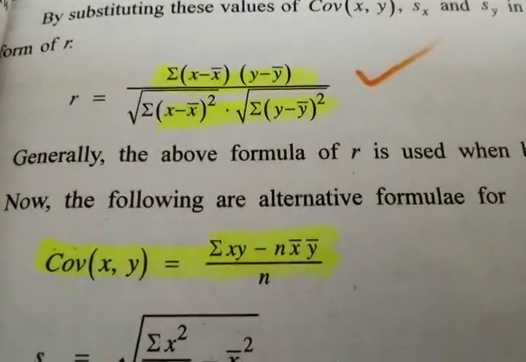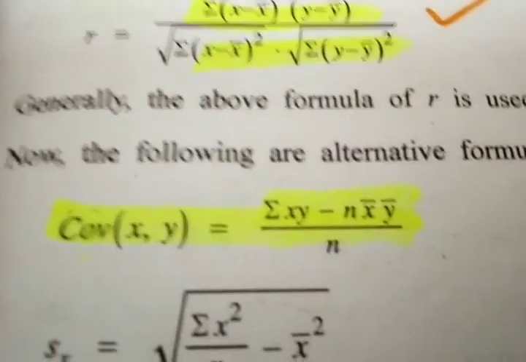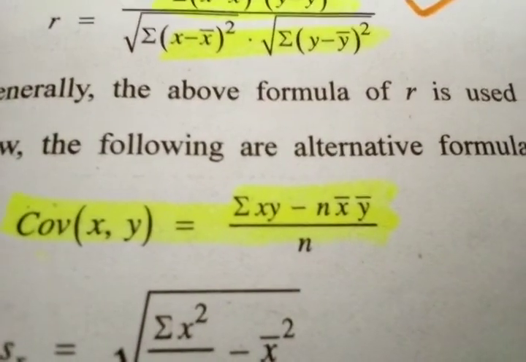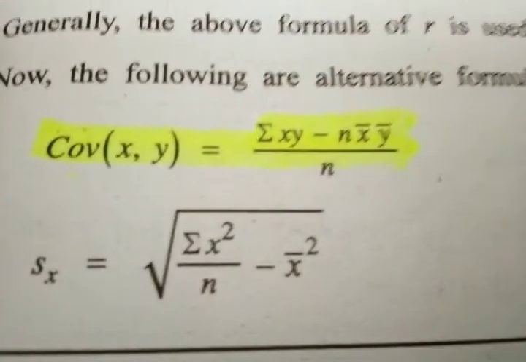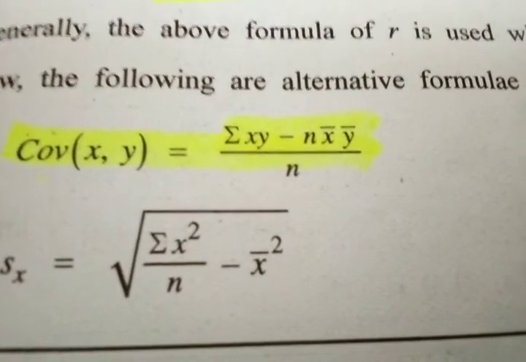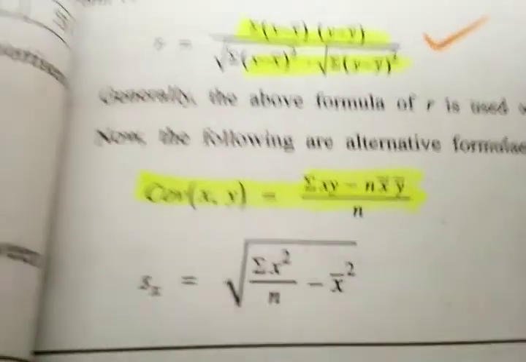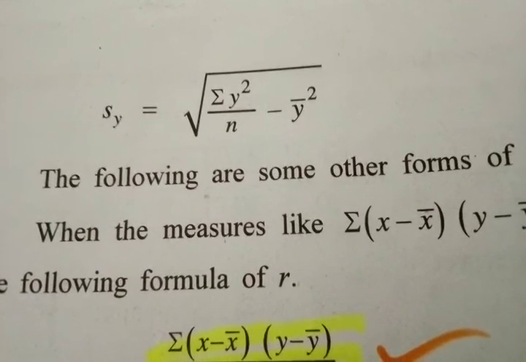Now another formula, an alternative formula, is for covariance. Covariance is equal to sigma xy minus n x bar y bar upon n. Where sx is given by this formula, square root of sigma x squared upon n minus x bar squared. And similarly sy is equal to square root of sigma y squared upon n minus y bar squared.